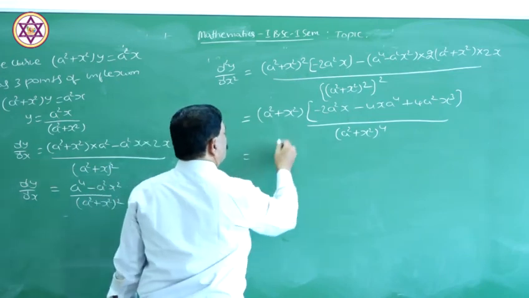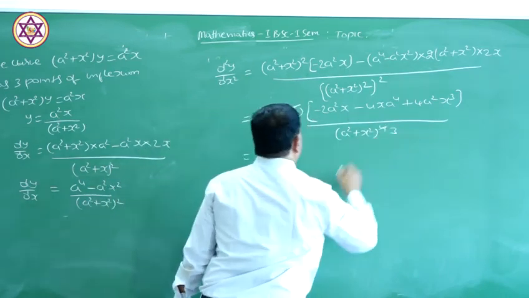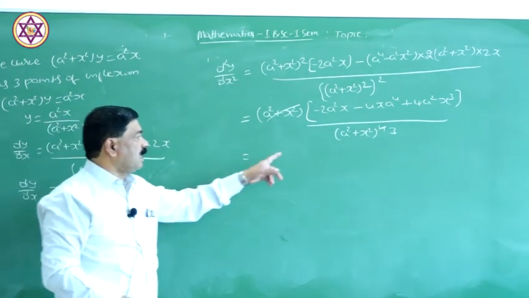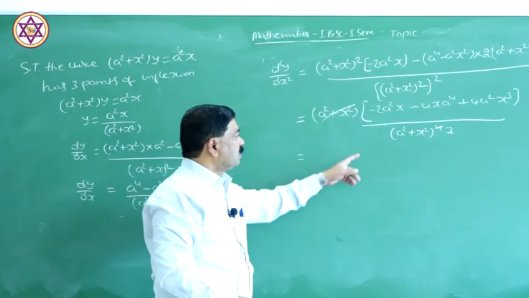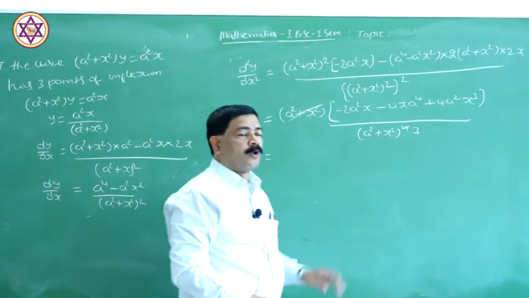So here (a² + x²) whole to the power of 4. After simplification we get (a² + x²) whole cube.